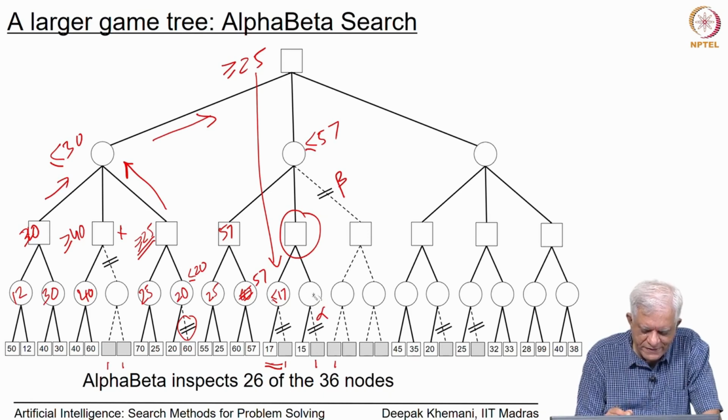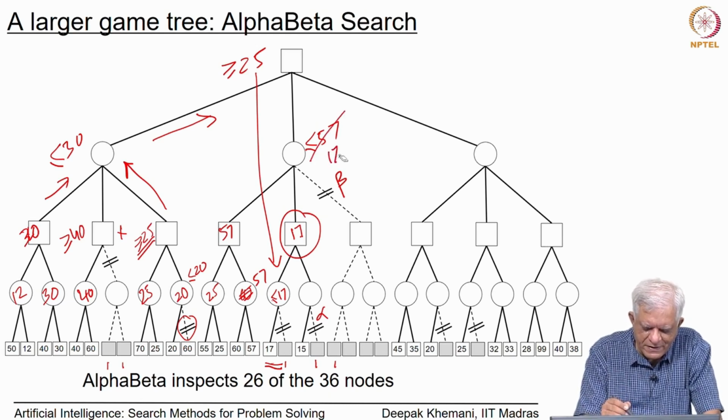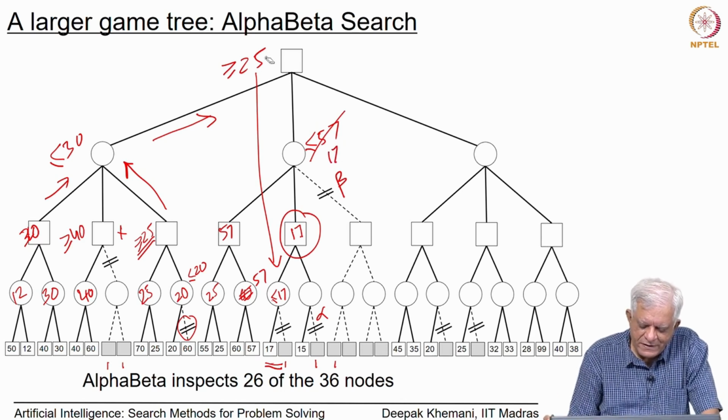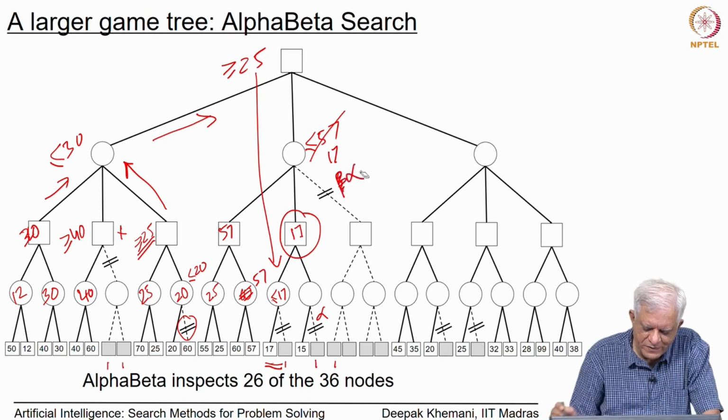So, we are not even interested here, and at most this can be 17 essentially. So, this 57 has gone down to 17, and again the root is interested in 25, and therefore, this will be an alpha cutoff below that.